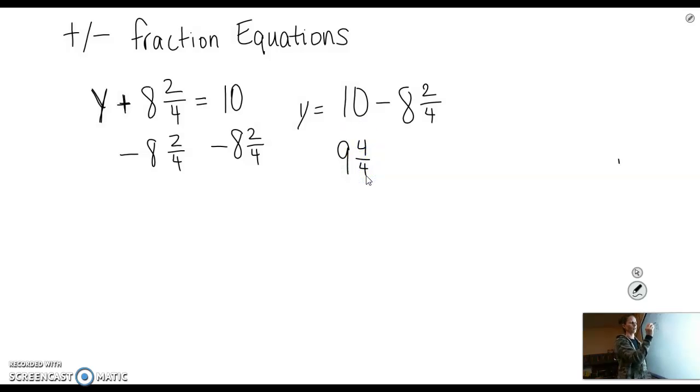Because 4/4 is a whole fraction, so 9 and 1 is still 10. Minus 8 and 2/4. So now I have 4 minus 2, which is 2/4, 9 minus 8, which is 1.